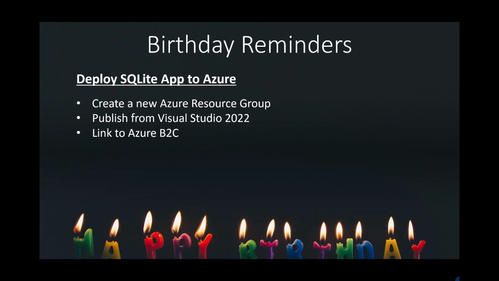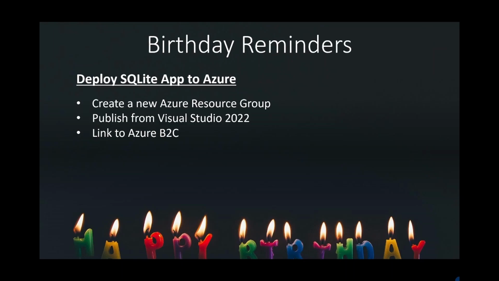The steps we'll need to take are to create a new Azure resource group. This isn't actually compulsory, but I just like to keep things separate so that if anything goes wrong, we can just delete the resource group. We'll then switch back to Visual Studio 22 and publish the application. And lastly, we need to link to Azure B2C.